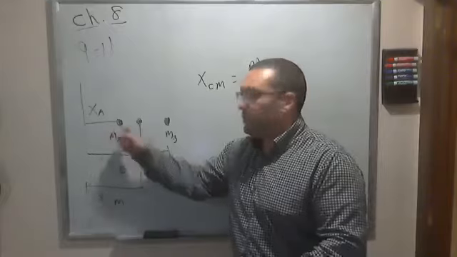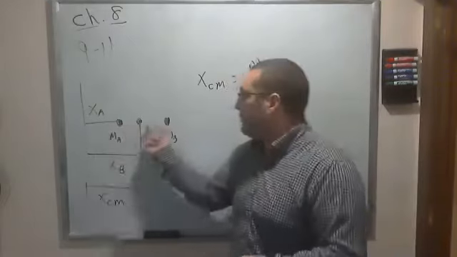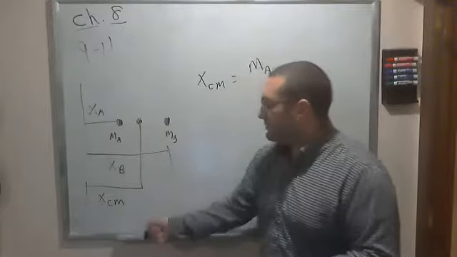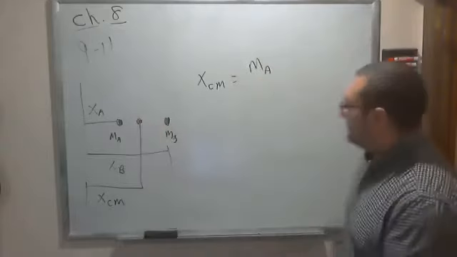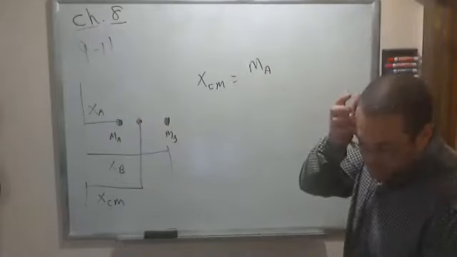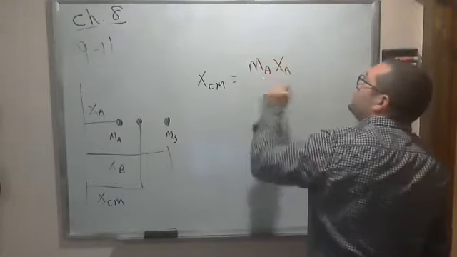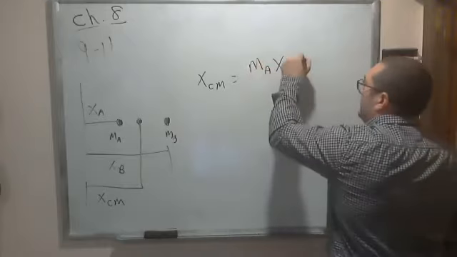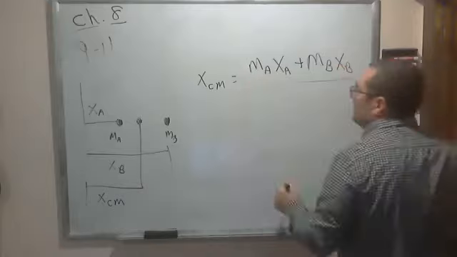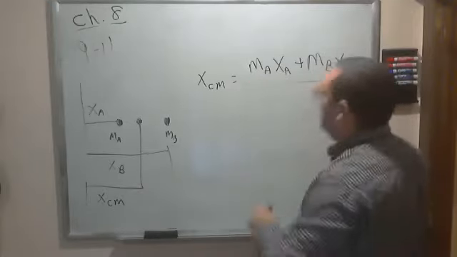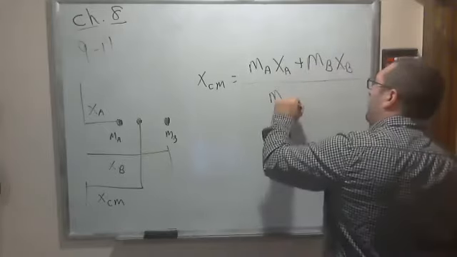If this has more mass, it weighs more, so this side would count more than this side if we're trying to find the center point for both these masses. So what we do is a weighted average, and we weight it by the mass times the position, divided by the total mass of both objects.